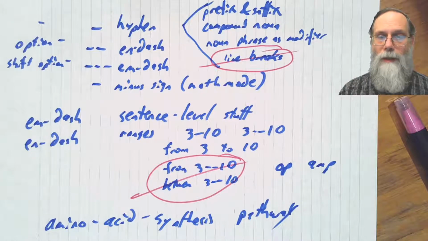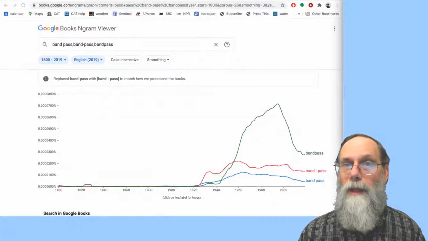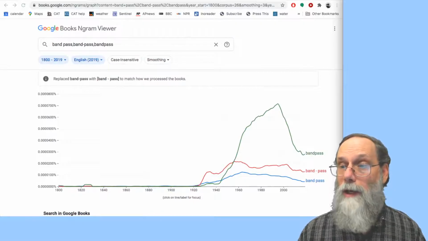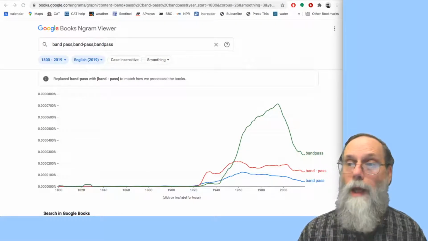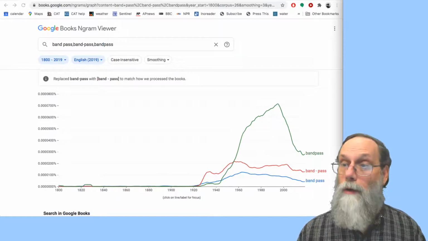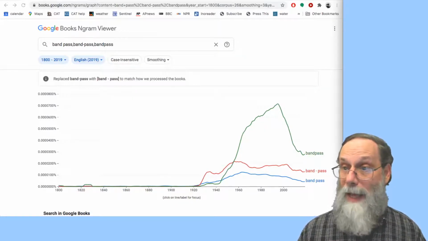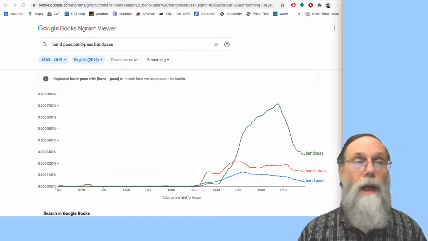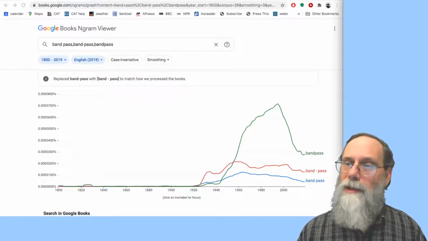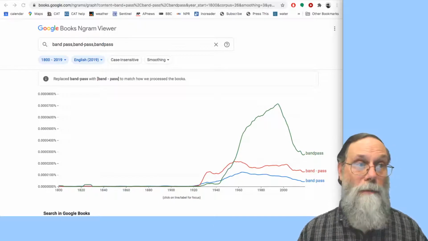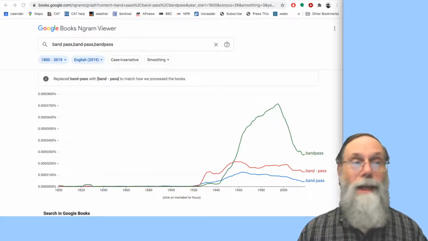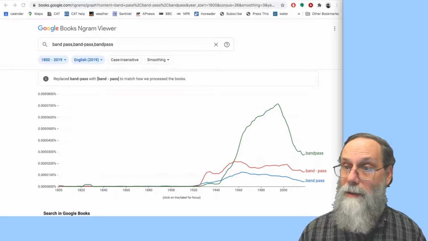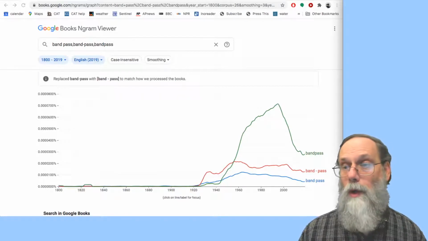So I found a very useful tool for figuring out where compound nouns are in their evolution. And that tool is books.google.com ngrams. What I've done here is I have searched for the compound word bandpass, which we use for things like bandpass filters. And you'll see several different possible uses. You'll see bandpass as one word, you'll see band-pass hyphenated, and you'll see band pass as two words.